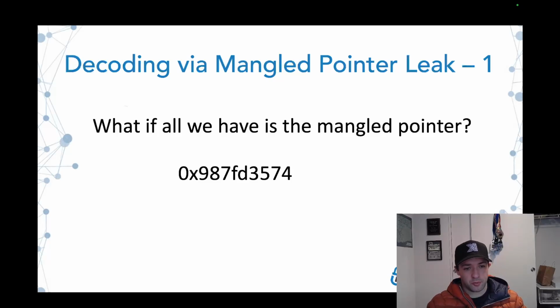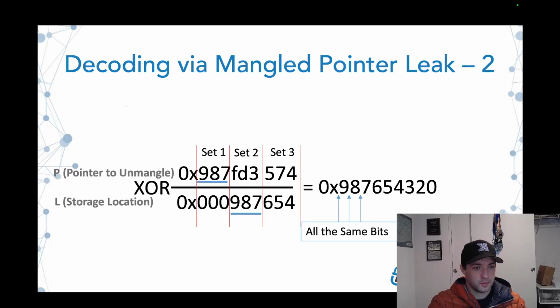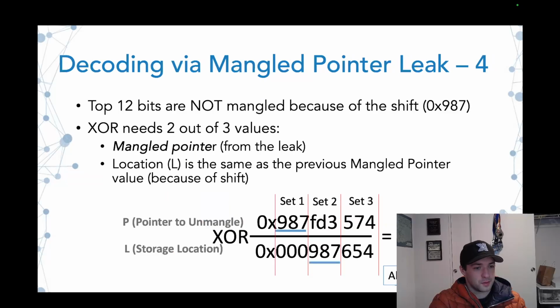But if you have a mangled pointer, then there are some situations where, if it's not null, you can also decode. So if you remember from before, the 987 is in here twice. That's kind of weird. So if I can see this 987 right here, then that means that the next one also may be 987, because again, these are all just the same bits.